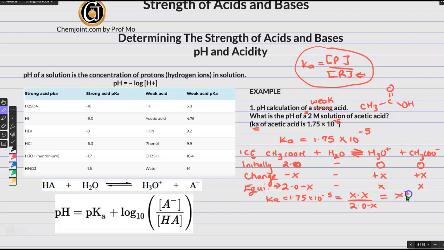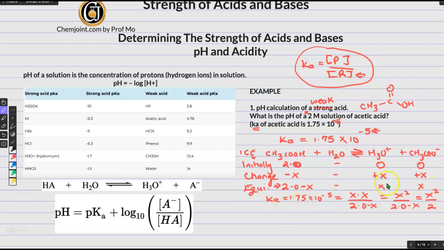So it will be x squared over 2.0 minus x. Now, because you see that the Ka value is quite small, we expect this change to be quite small, so I should simplify this expression to x squared all over 2. That helps me to avoid too much quadratic equation or factorization.